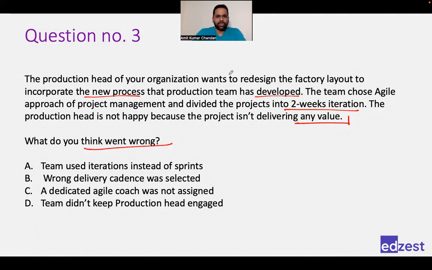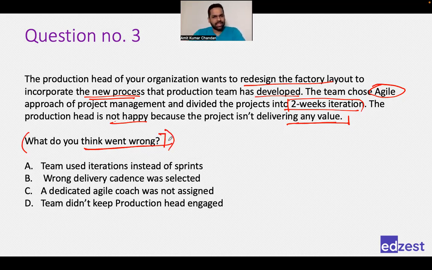See, they wanted to redesign the factory layout to incorporate the new process. And for some reason, they decided to go with 2 weeks iterations and an agile approach. Right? Now, the production head is not happy. Why? Because the project isn't delivering any value. So what do you think went wrong? See, this part of the question, as I have been telling, is the most important one.